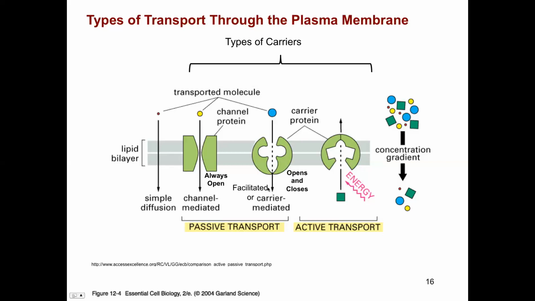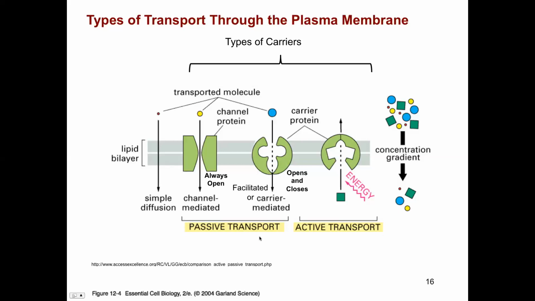With the other ones, sometimes proteins will change shape in response to specific molecules that need to get through the membrane. If they're going from high to low concentration, no energy is required. These are not open all the time. They will change shape when whatever it is enters the protein. So we say these are facilitated transporters, or you'll also see it called carrier mediated.